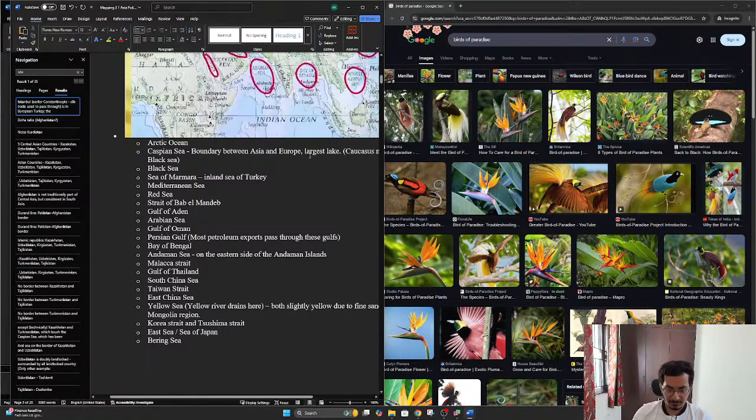The Mediterranean Sea. Oh, yeah, Aegean Sea is part of the Mediterranean.